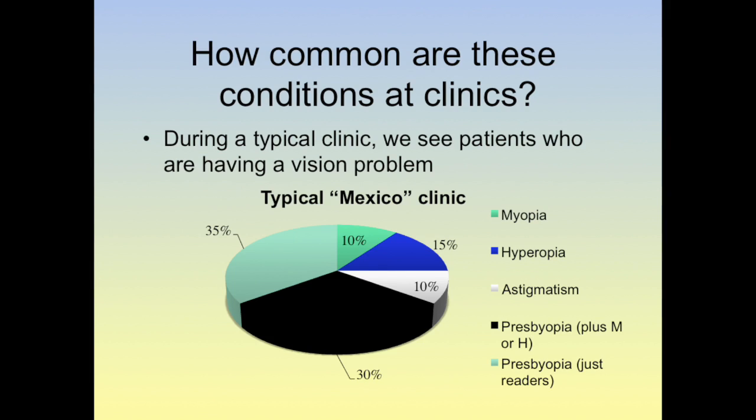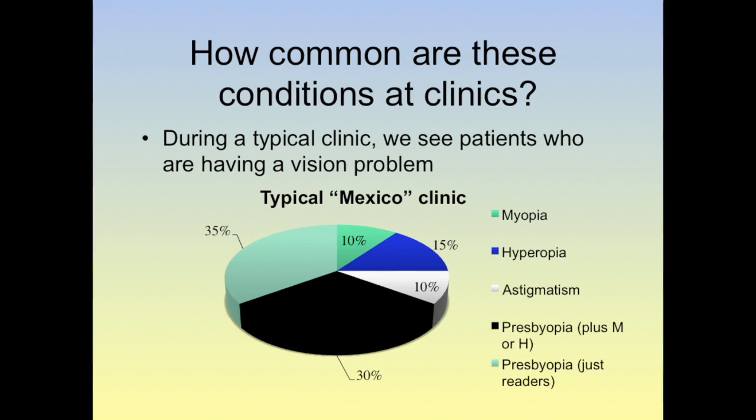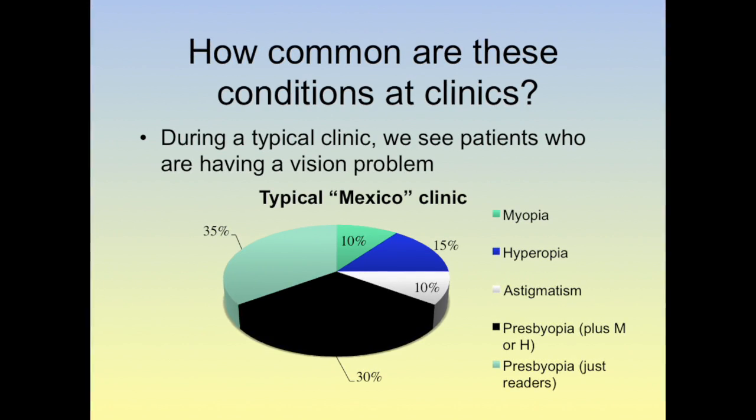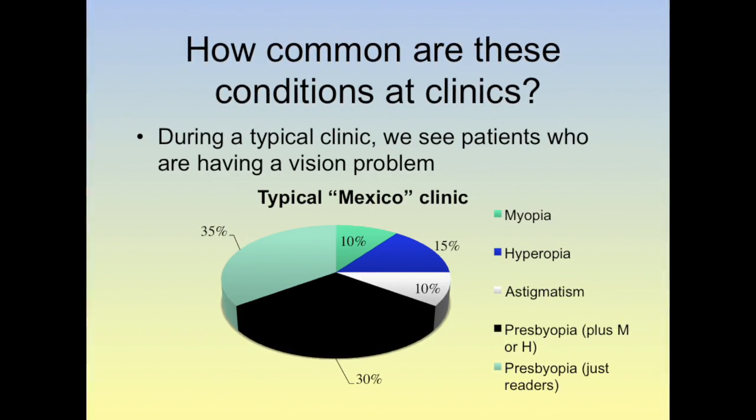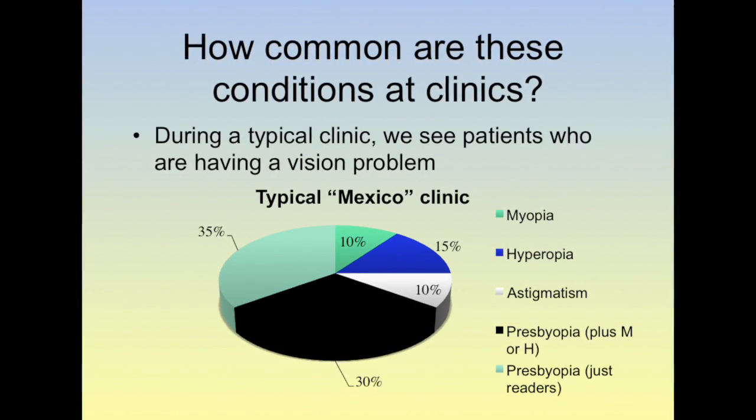How common are these conditions? Well, if you take the world as a whole, having hyperopia, myopia, or presbyopia or astigmatism is actually a small percentage. But if you think about a clinic where patients come to get care, you're going to see a lot of presbyopes. So in the chart that I'm showing, about 65% of the patients that come in are going to be presbyopes.